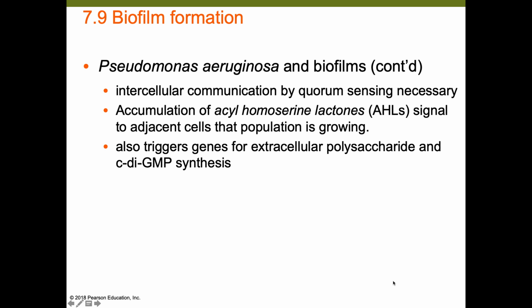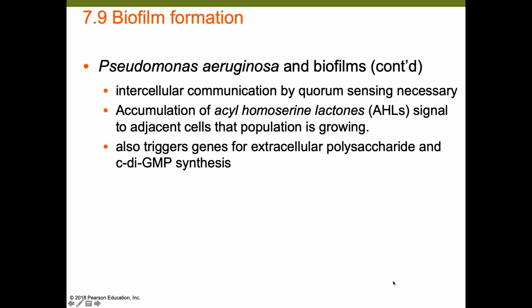The accumulation of these quorum sensing molecules is what regulates the gene expression that will lead to biofilm formation. So in Pseudomonas, when quorum sensing molecules accumulate, they will turn on the genes necessary for the secretion of the polysaccharides to build the biofilm, and also of that signaling molecule, cyclic di-GMP.